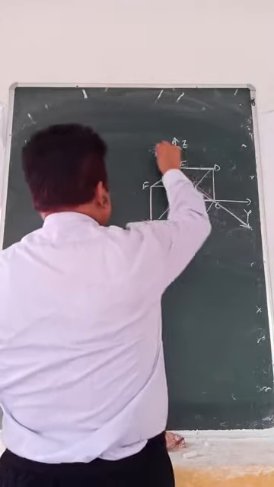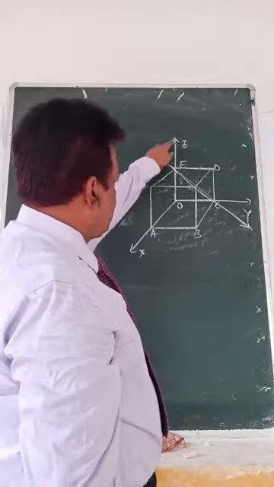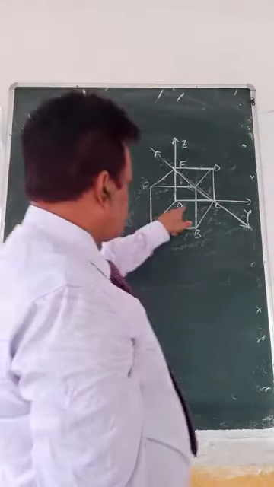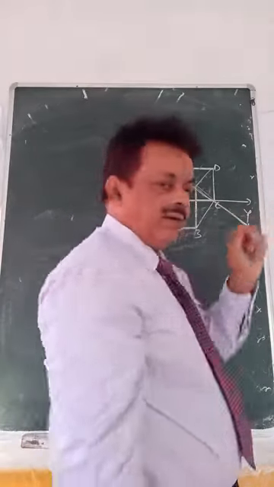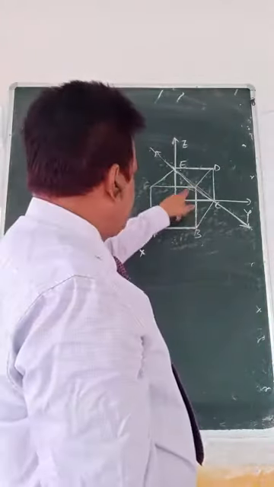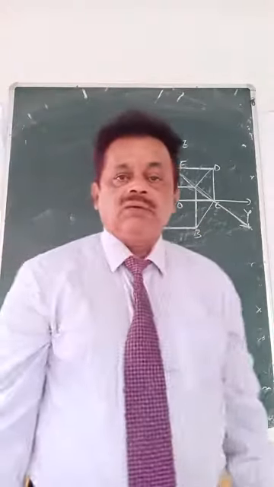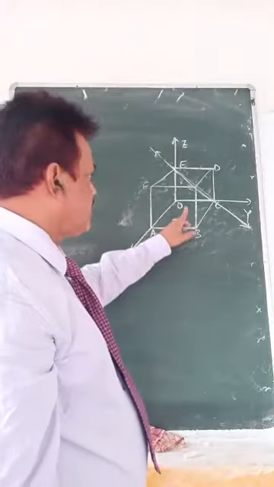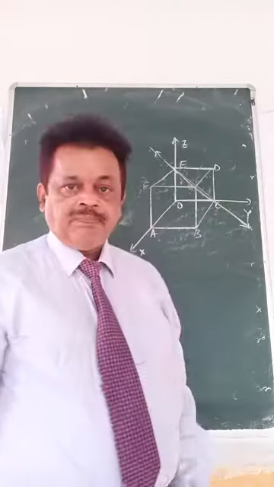In this plane you see the line is also here. Three planes are shown: ZOX plane, XOY plane, and ZOY plane. That means this line is not coplanar. They are non-coplanar because it is remaining in three different planes.